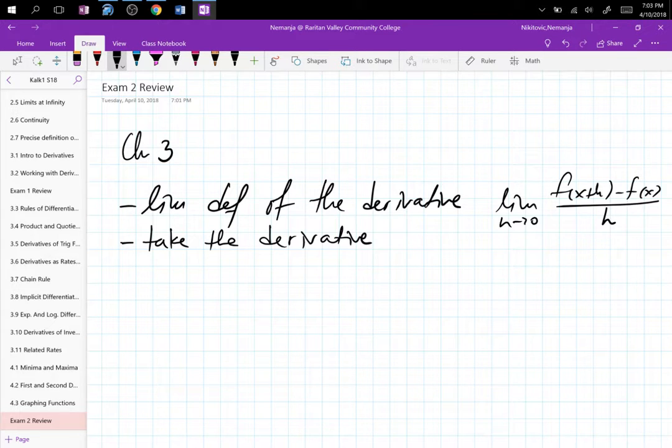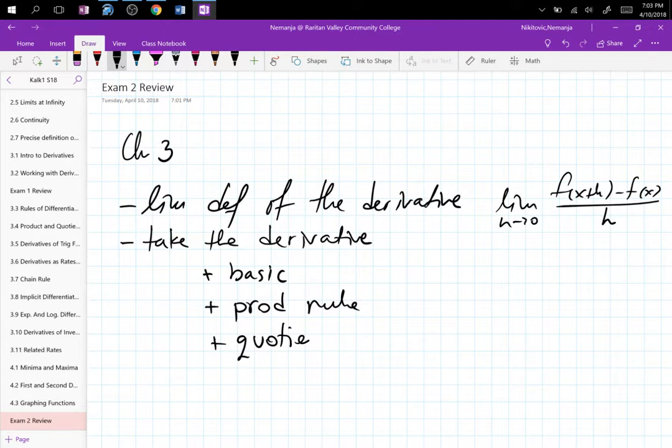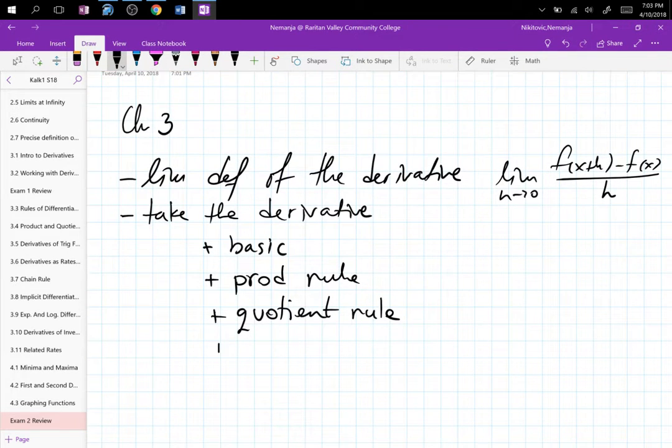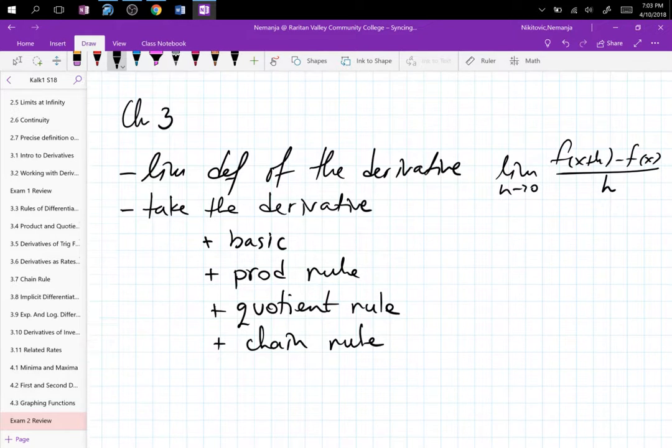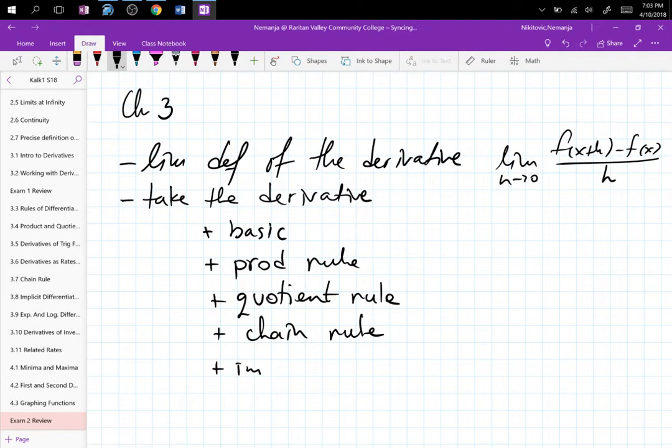Take the derivative. You have basic, you have the product rule, you have the quotient rule, you have the chain rule, you have implicit differentiation, and what else do you have?